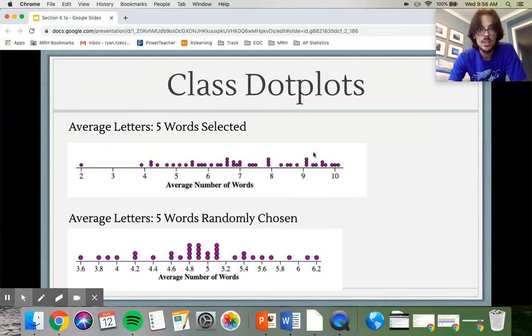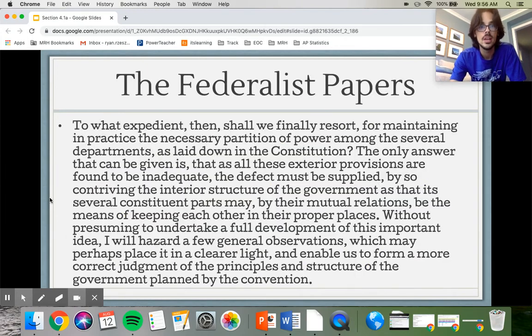This first picture right here shows over the years what kind of results people get. People have gotten as low as 2. I had a kid who picked like of, at, and little tiny words like that for their sample. And people have gotten as high as like 10 letters. When they do that, they pick giant words like constitution, maintaining, and stuff like that.